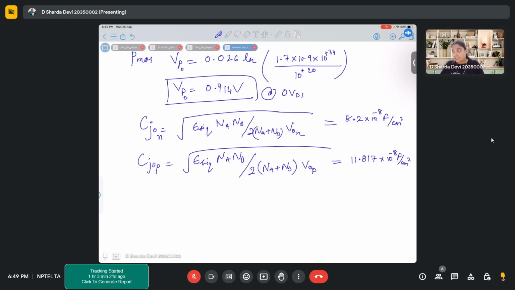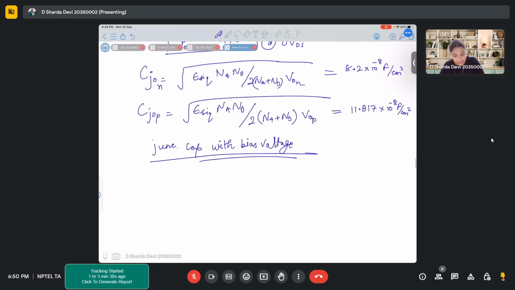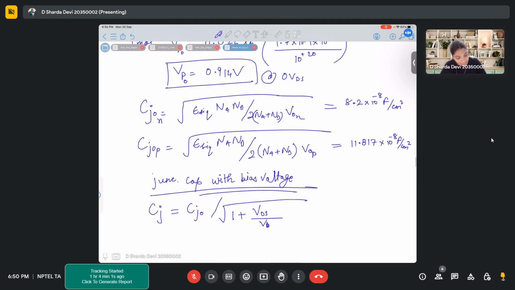Now when we apply the potential, the junction capacitance with bias voltage, the formula changes to Cj becomes Cj naught by root over 1 plus VDS by V naught, or VBI, or what we mentioned as VN naught.